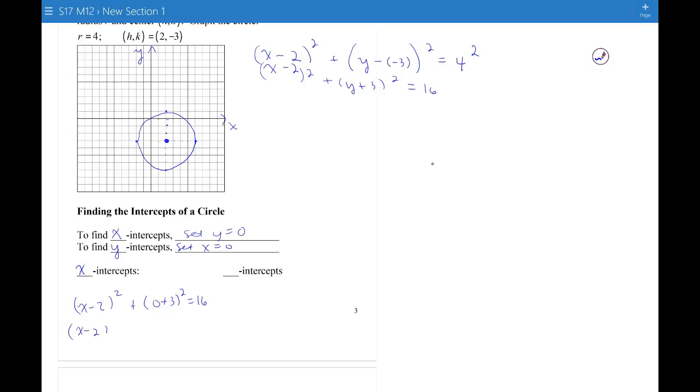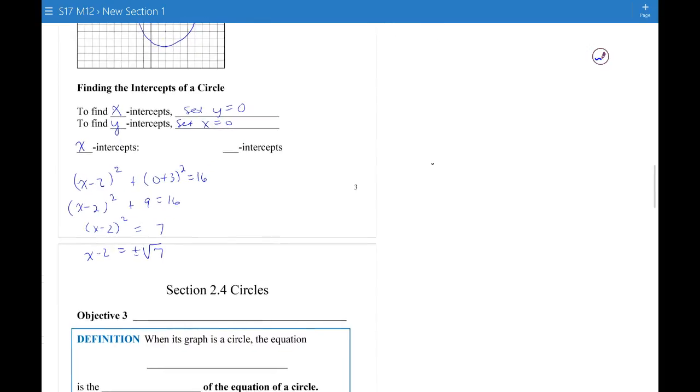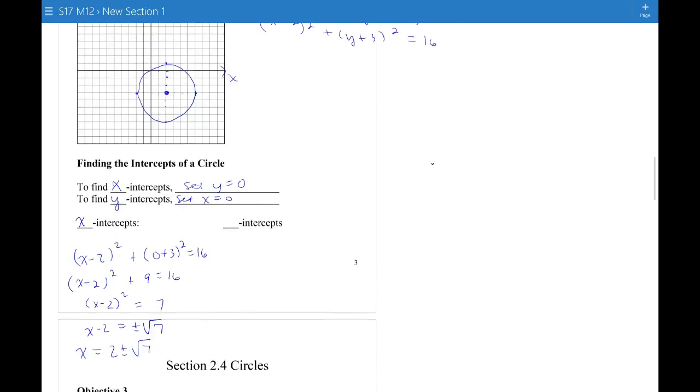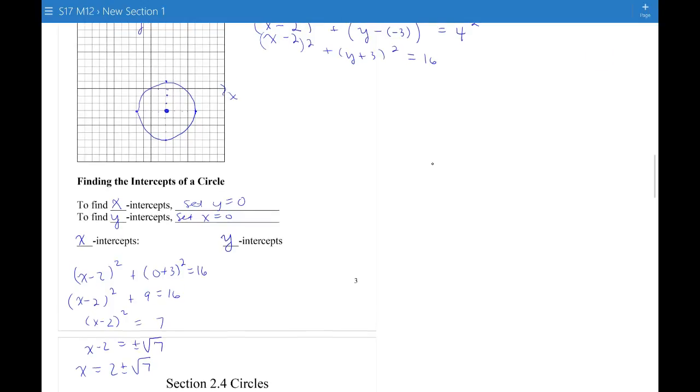So x minus 2 quantity squared plus 9 equals 16. That leaves me 7 on the right. So we can use the square root property and say x minus 2 equals plus or minus the square root of 7. So x equals 2 plus or minus root 7. Those would be the x-intercepts for this circle. Does that seem reasonable? 2 plus root 7 and 2 minus root 7. Yeah, that looks reasonable.